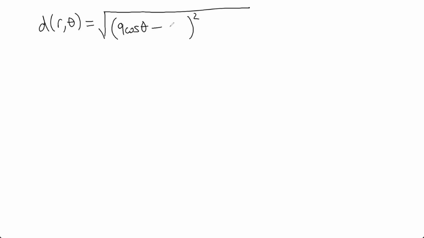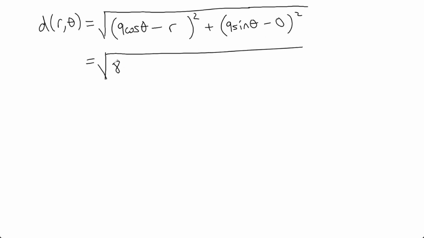Those x values are these two, plus the squared difference in the y values. And of course, sine squared plus cosine squared is equal to 1. So I can group these two together and get my final result for d.